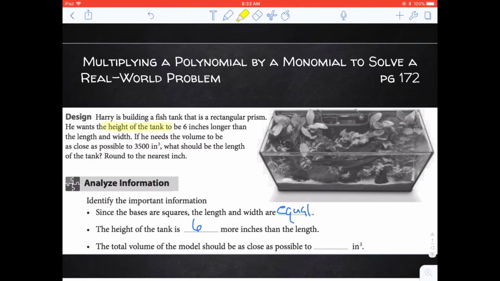So right here, the height of the tank is 6 inches longer than the length and width. And then the total volume of the model should be as close as possible to 3,500 inches cubed, and that's given to us right here. So again, just identifying the information that we're given before we dive into filling that information out.